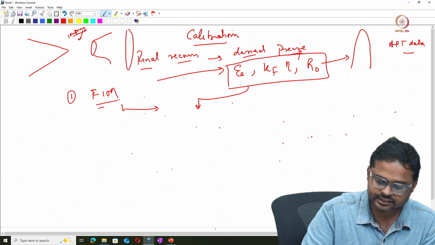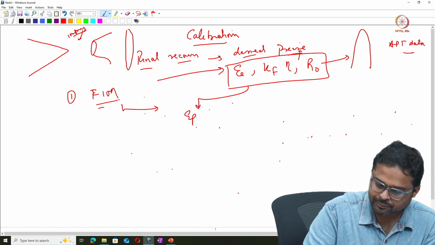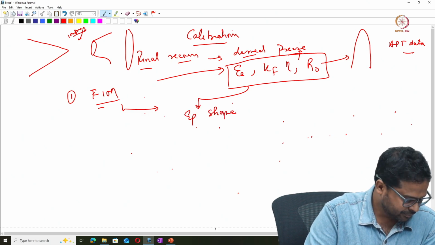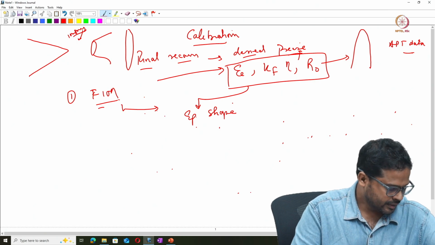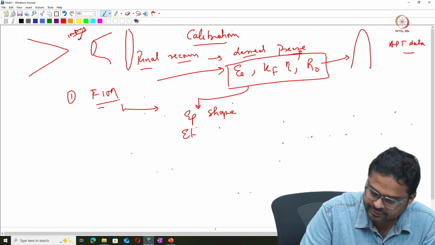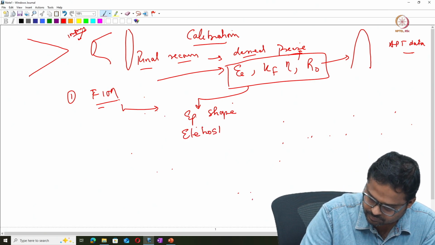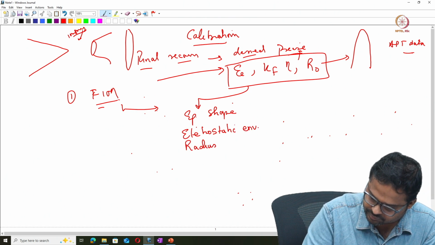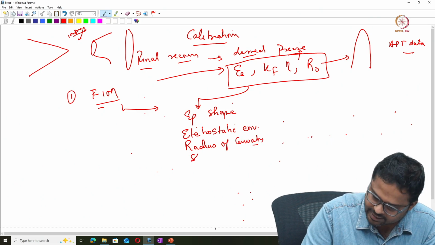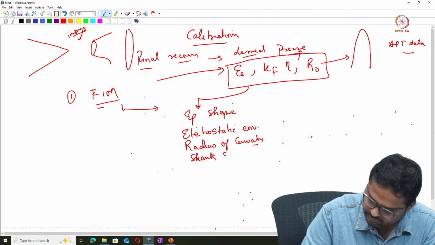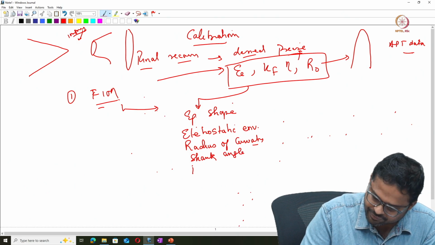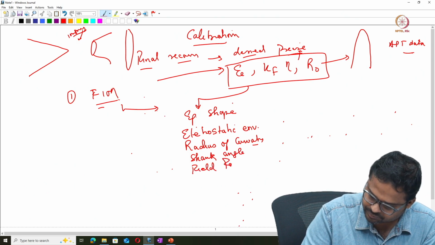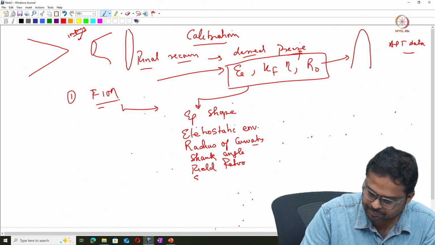As I told you, these depend upon the specimen shape, electrostatic environment, radius of curvature, shank angle, field factor, and image compression factor.